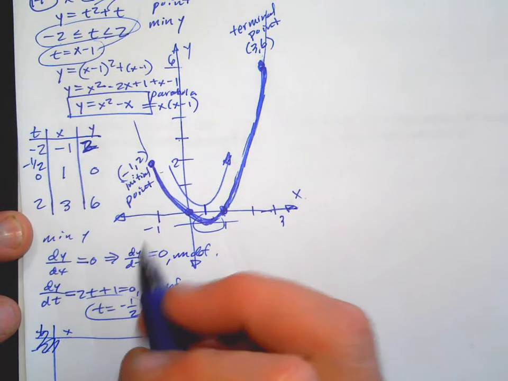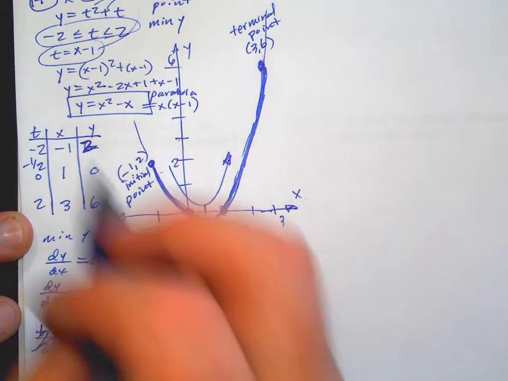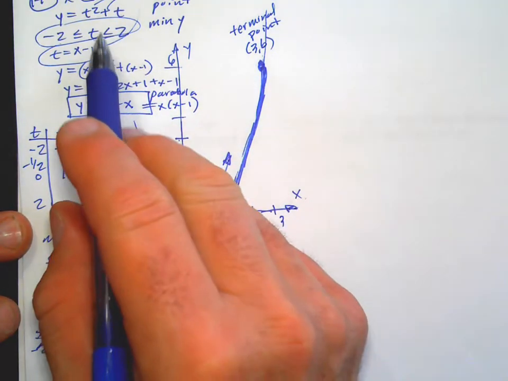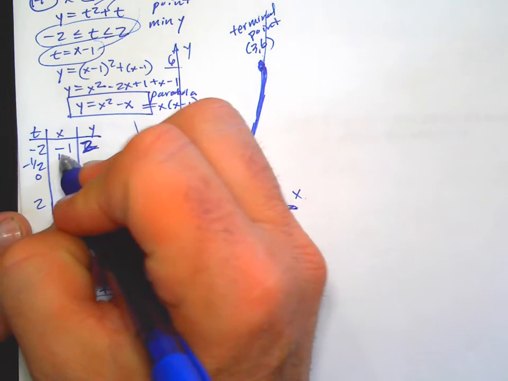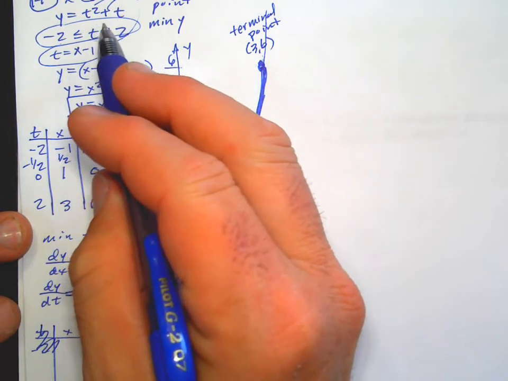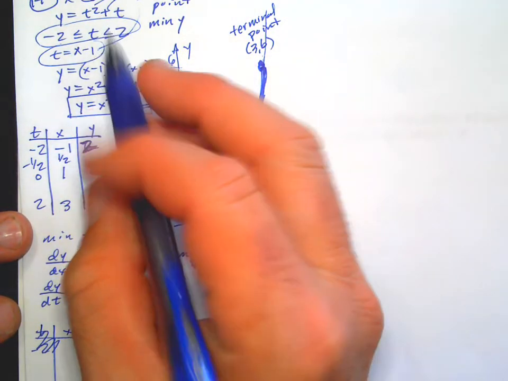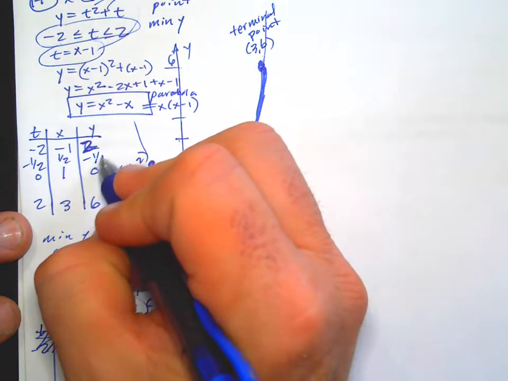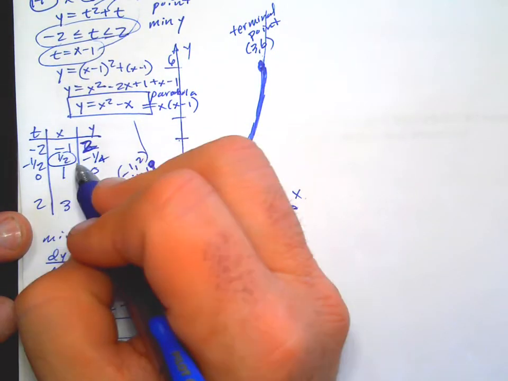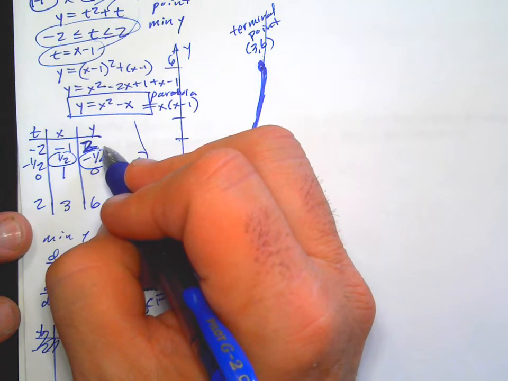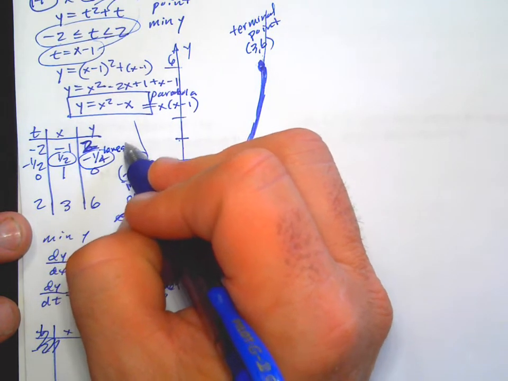-1/2. x equals, if you plug -1/2 in for time, you get +1/2, and for y, you get 1/4 minus 1/2, which is -1/4. So this right here is your lowest point, your smallest y value.